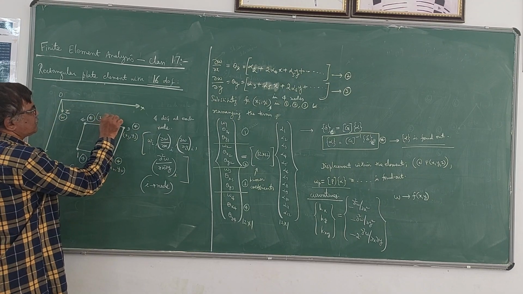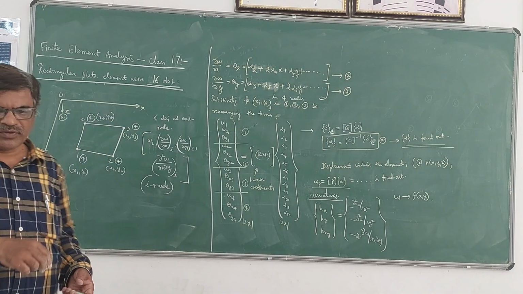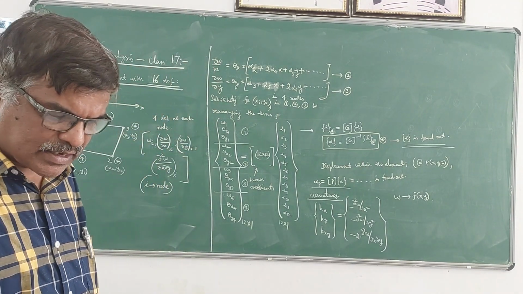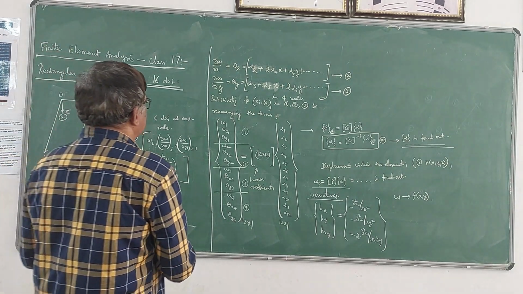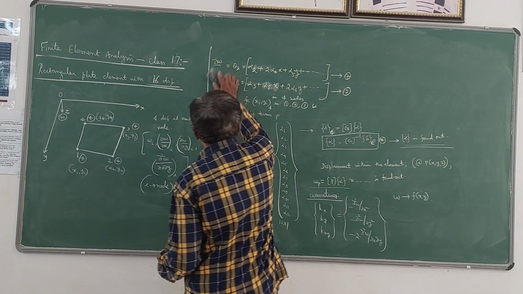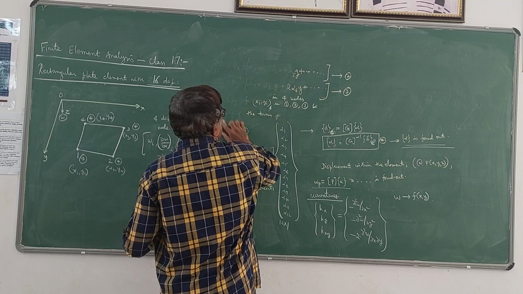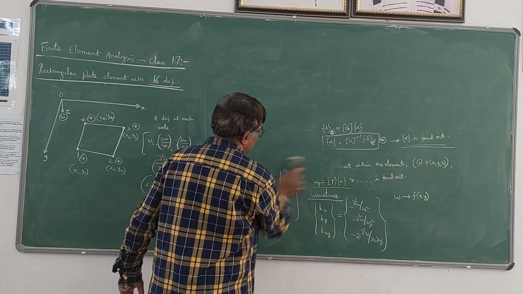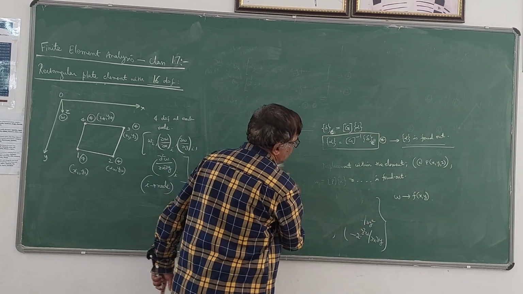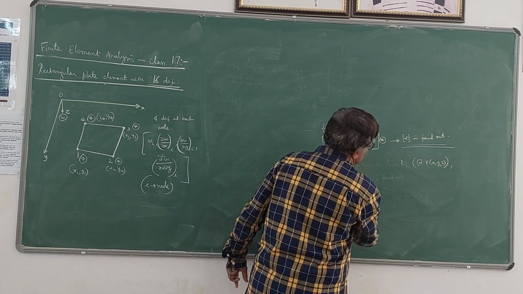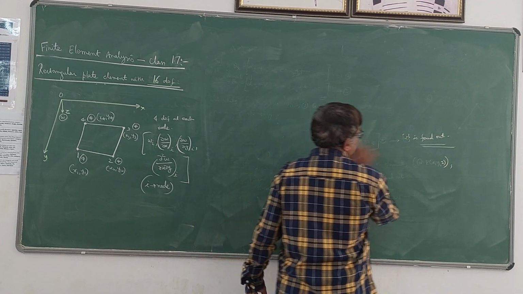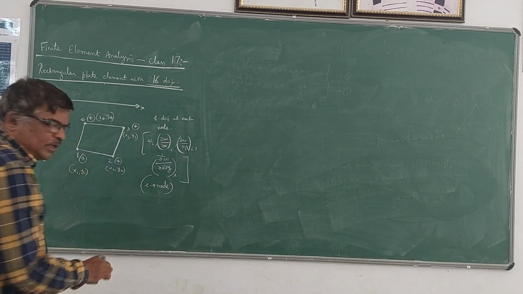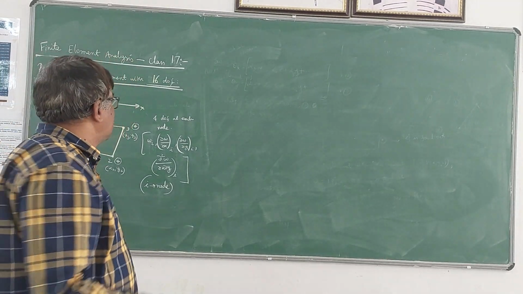And here if you proceed on the same lines which we have done, we have to assume the displacement function using Pascal triangle as we did in the case of the 12 degree of freedom rectangular plate element. It should contain totally 16 alpha terms, 16 generalized coordinate terms in the displacement function.